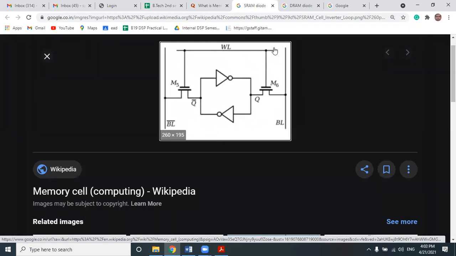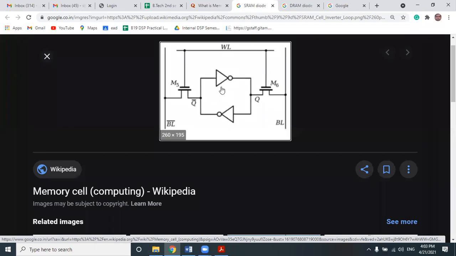So these two are the lines. These are word lines. Okay, this is called the word line, and this is called the bit line. BL means bit line. Okay, this is BL and this is BL complement. That means if the bit line is 1 here, then the inverse of the 1 is stored here, that means 0 stored here. If the bit line is 0 here, then the inverse of the 0 is stored here, that means 1 stored here. And these two diodes are cross coupled with each other.